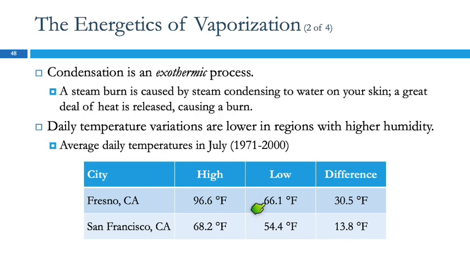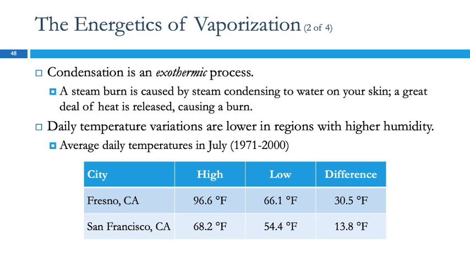Low, 66. So a temperature difference during the day of 30.5 degrees. And we all know, yeah, that can definitely happen. You were wearing shorts and a tank top and you were dying, and then later you're freezing, right? And so no matter how you dress, you're going to be uncomfortable part of the day, right?